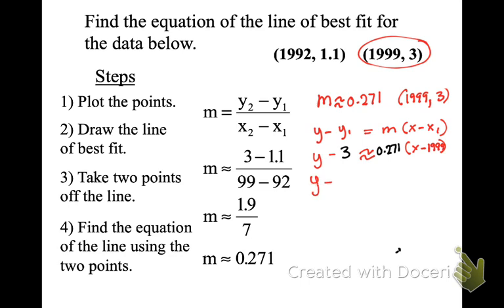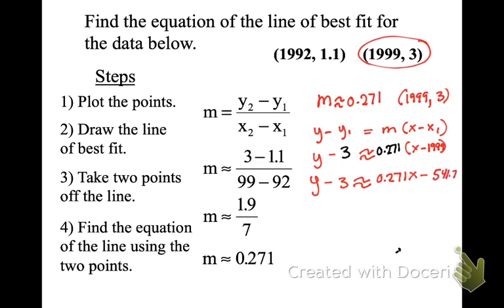So I'm doing y minus 3 is about equal to 0.271 times x minus, now I'm multiplying 0.271 times 1999, which is 541 point about 7, right?